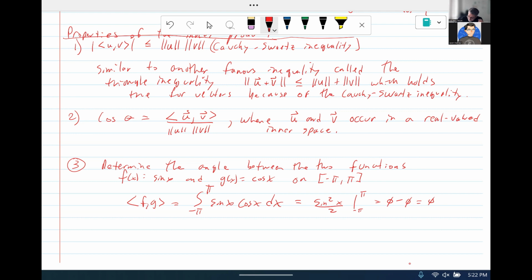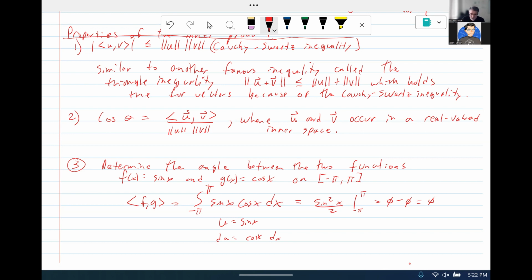I could do a u-sub on this. If I let u equal sine x, then du is equal to cosine x dx, so it's easy to see that it becomes u squared over 2. Then I plug in sine x for u, and sine of pi is 0, sine of negative pi is 0, and it goes to 0.